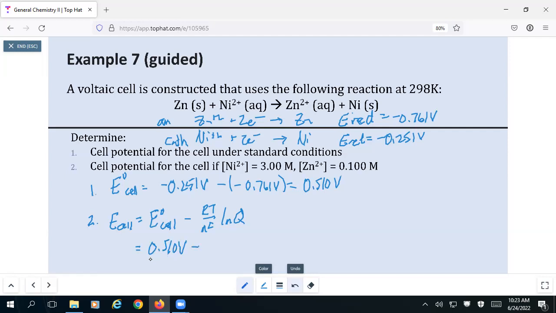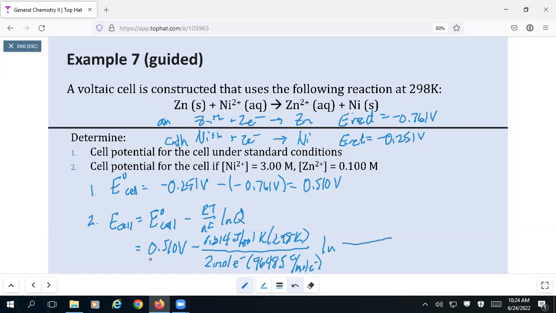We start plugging in all of our values here: 8.314 joules per mole Kelvin times 298 Kelvin, divided by, this is a 2-electron process, so 2 moles of electrons times 96,485 coulombs per mole of electrons, times the natural log of Q.